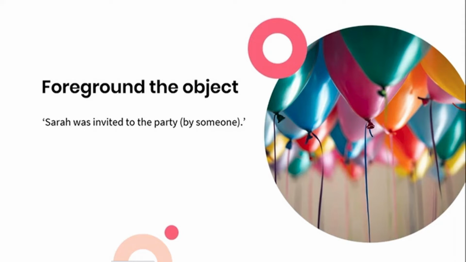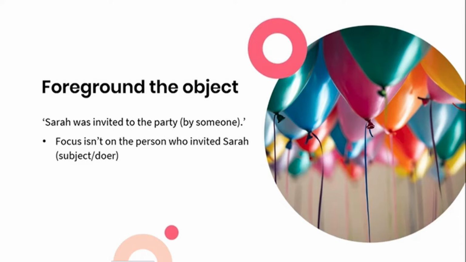The object, Sarah, is foregrounded because the focus of the sentence isn't on the person who invited Sarah, but rather the focus is on Sarah herself, who is the object of the sentence, as she has been affected by the verb. Remember, saying the subject is optional in passive voice, and that's why it's in brackets.